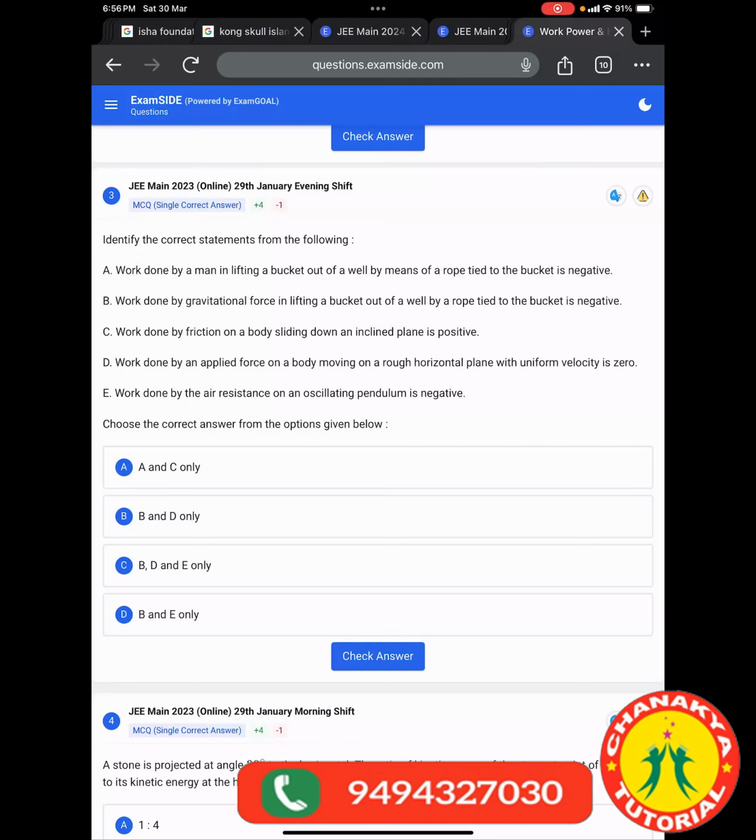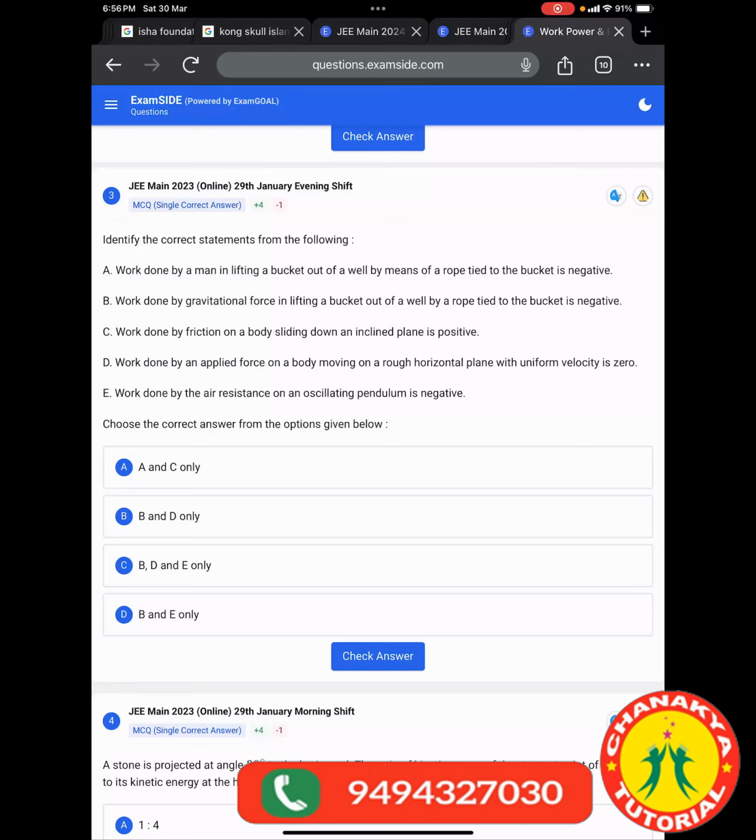Anybody else want to comment on this? Okay, so uniform velocity means the velocity is not changing at all, its direction is fixed, its magnitude is fixed.